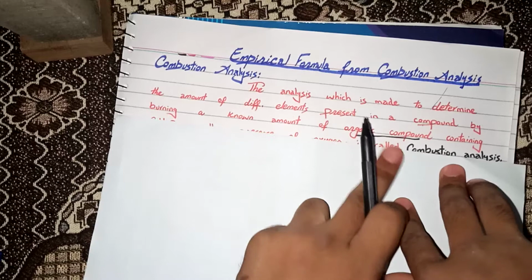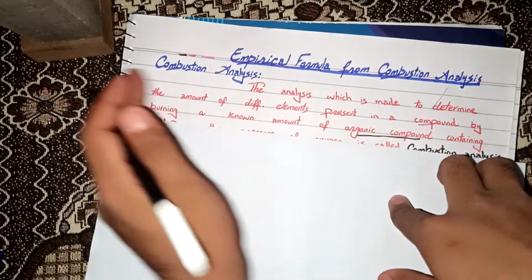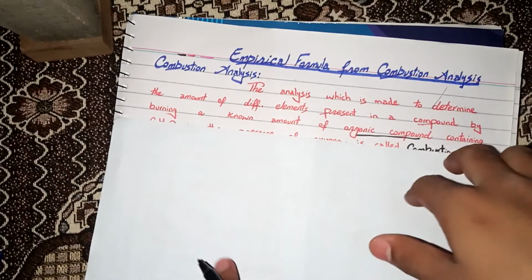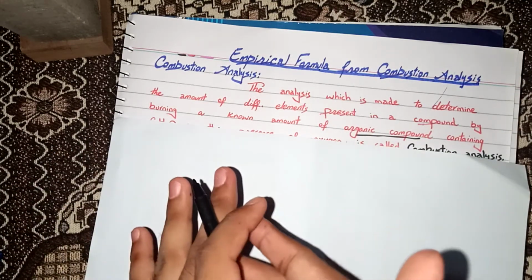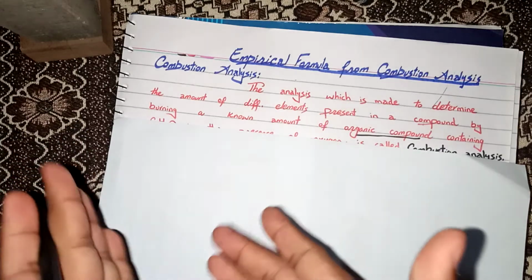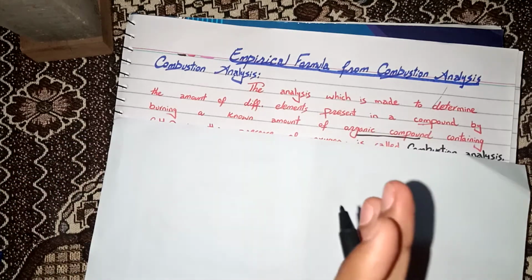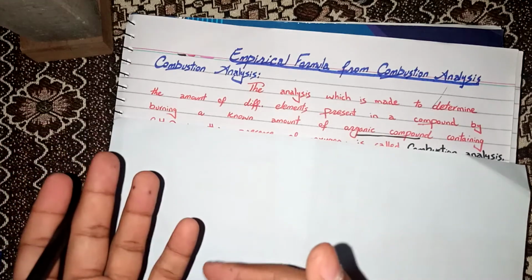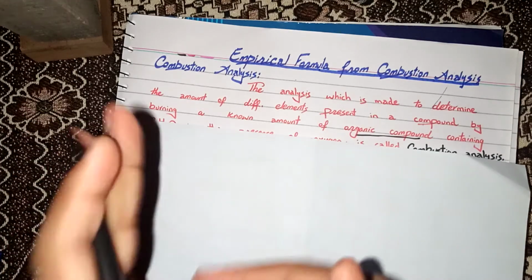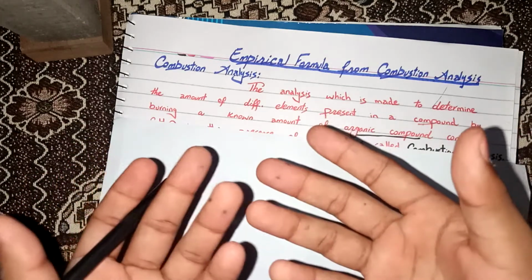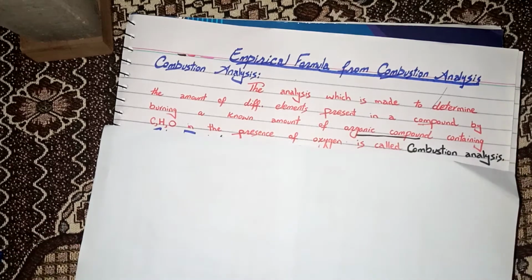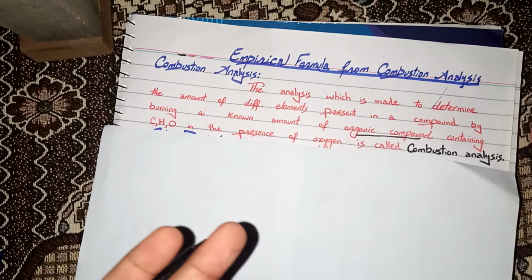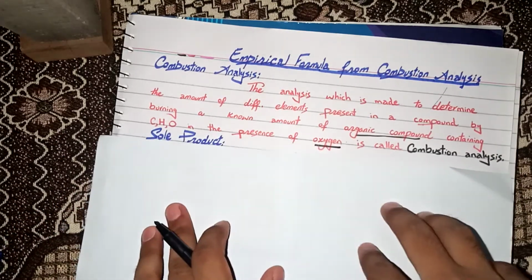Simply, combustion analysis is a process in which we determine the amount of elements present in a compound by burning organic compounds. As we know, organic compounds contain carbon, hydrogen and oxygen, and the combustion process occurs when we provide oxygen.